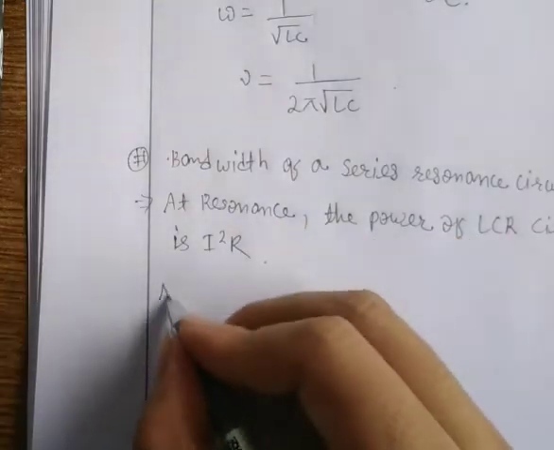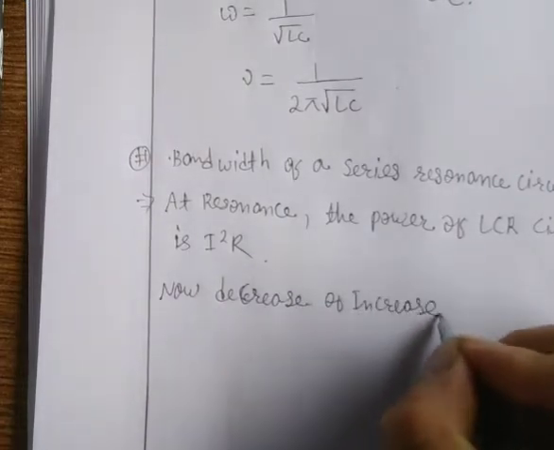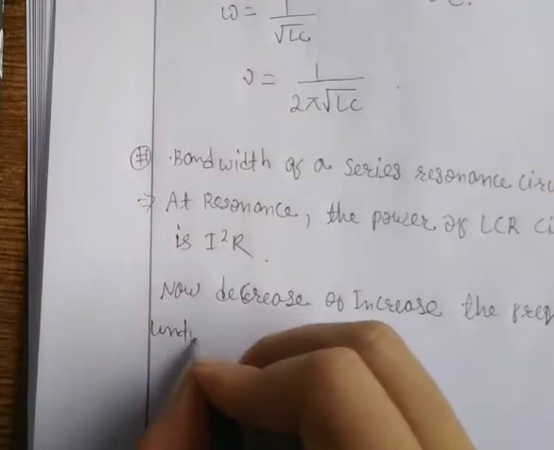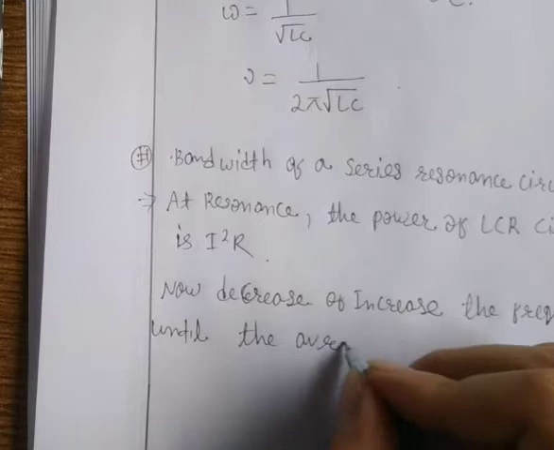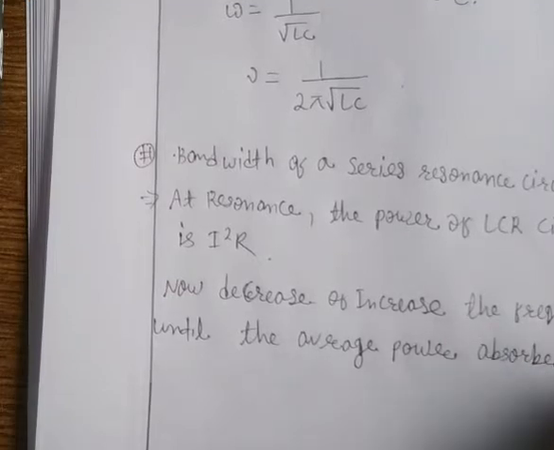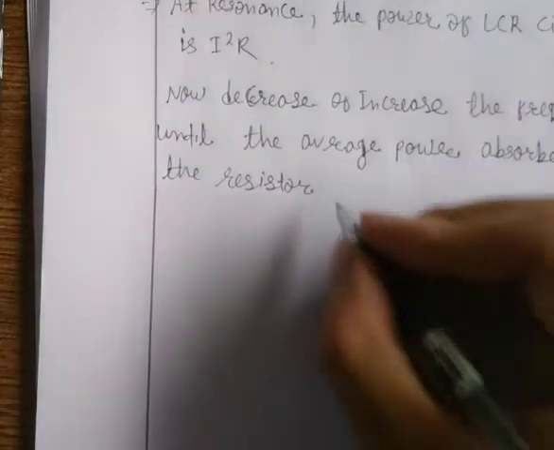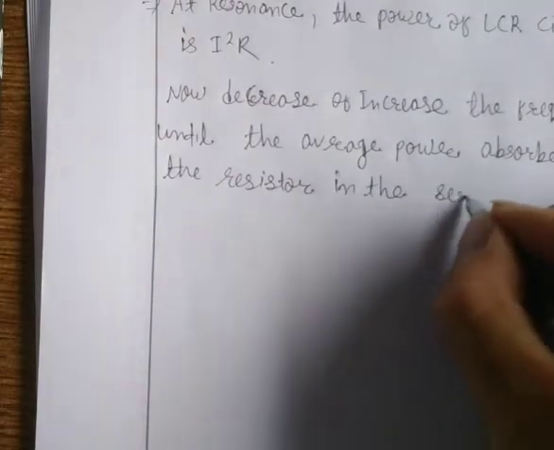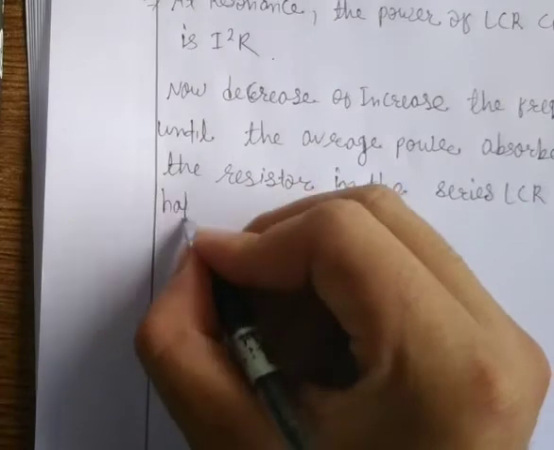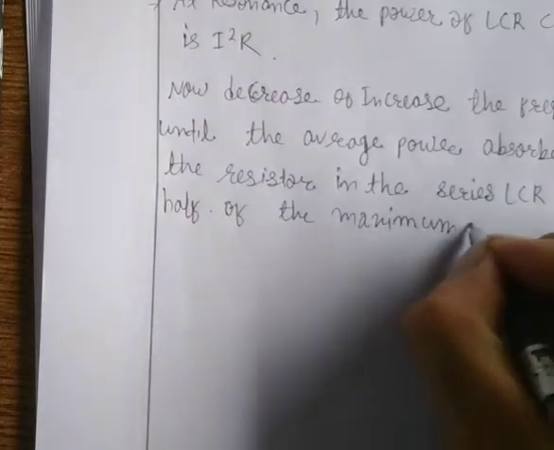Now let us decrease or increase the frequency until the average power absorbed by the resistor in the series LCR circuit becomes half of the maximum power absorbed at resonance.